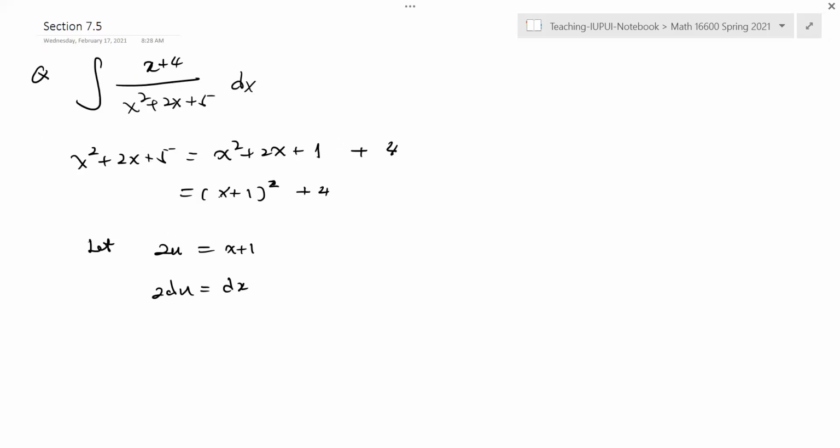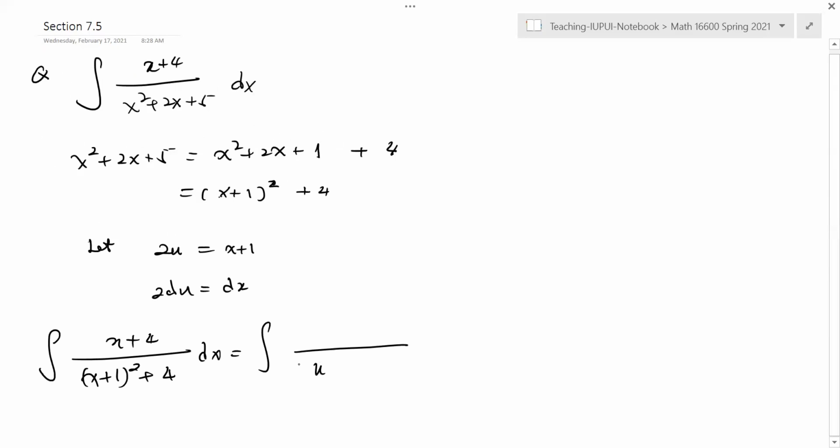Then the integral becomes: first of all, 2u squared. And what is x plus 4? x plus 1 is 2u, so it's 2u plus 3. x is 2u minus 1, then plus 4. And dx is 2 du.